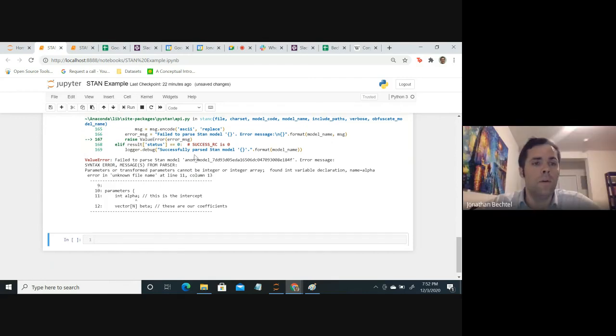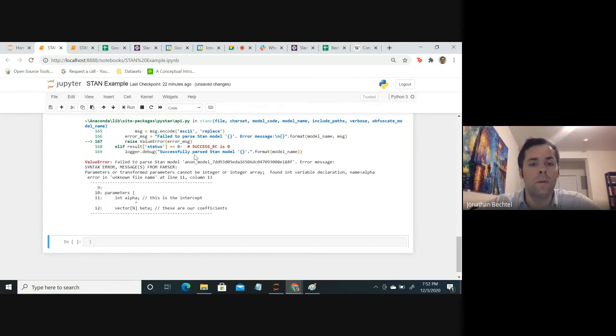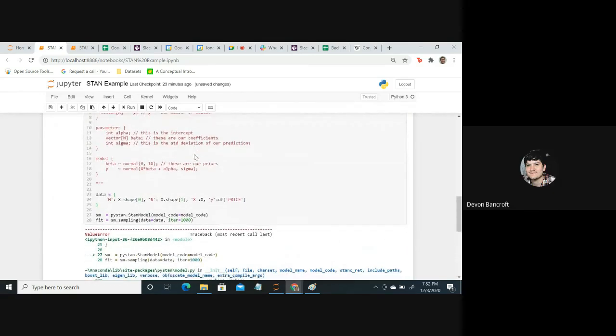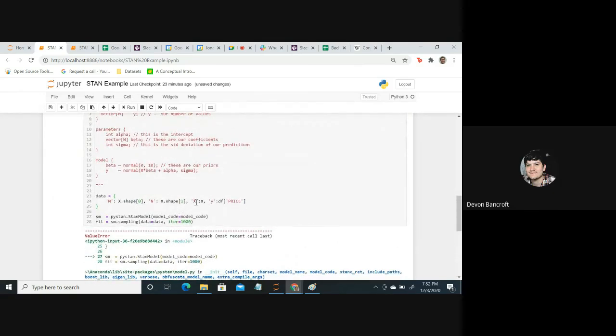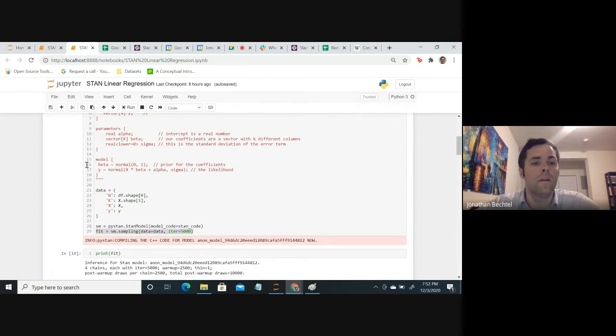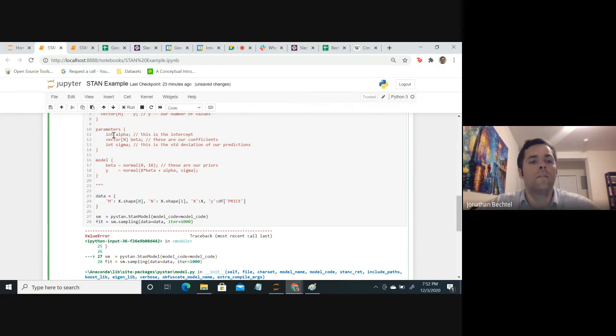All right, parameters or transform parameters cannot be. How'd you fix the last error? Oh, I see. Like that, right over there, and then let me check. And then let's try this.